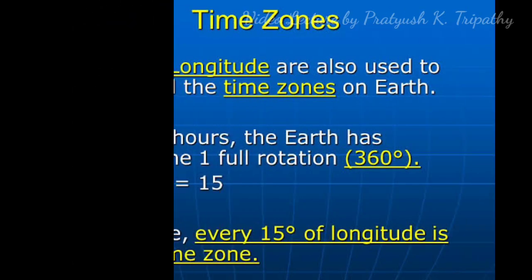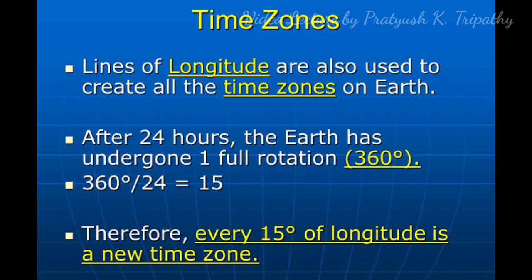As we know that the earth takes 24 hours to run through 360 degrees, the sun appears to move at the rate of 15 degrees in 1 hour, that is 360 degrees in 24 hours or 1 degree in 4 minutes.